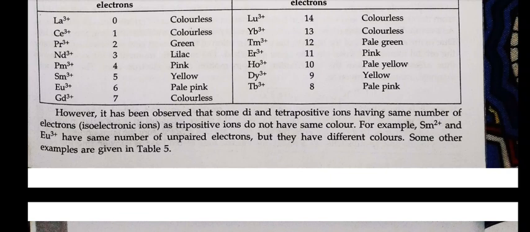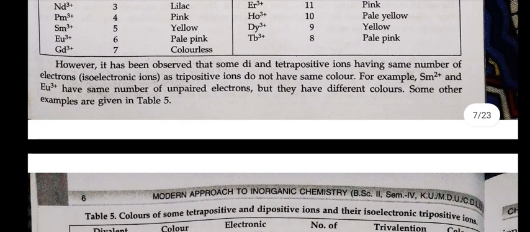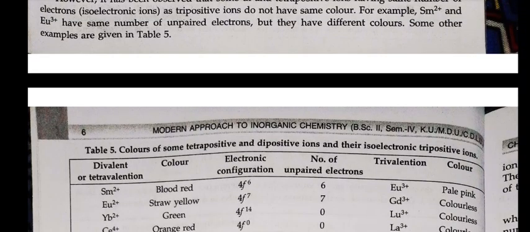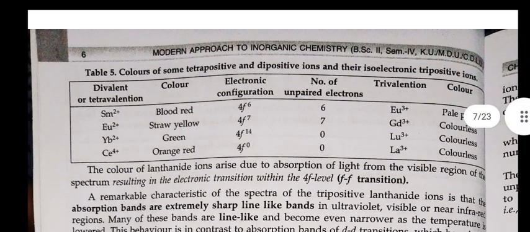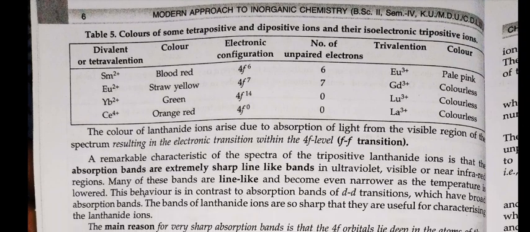However, it has been observed that some di- and tetrapositive ions having the same number of electrons, isoelectronic ions, as tripositive ions do not have the same color.